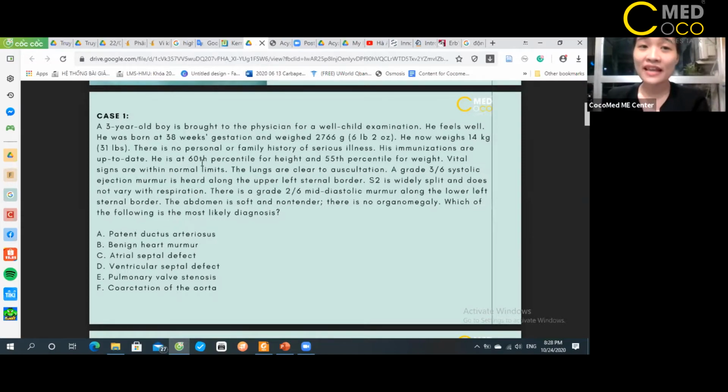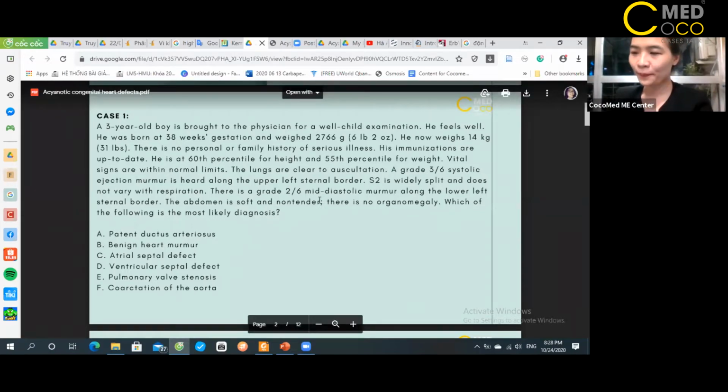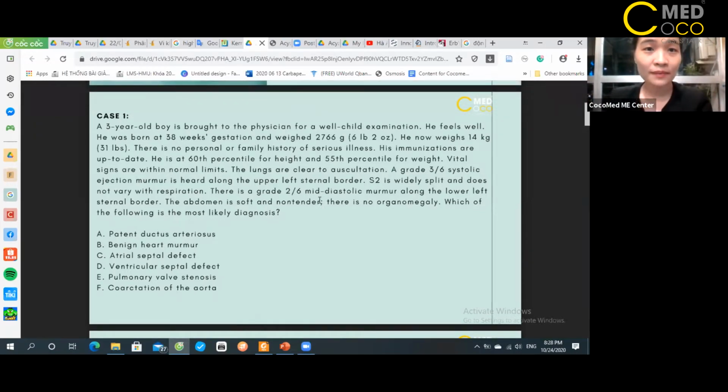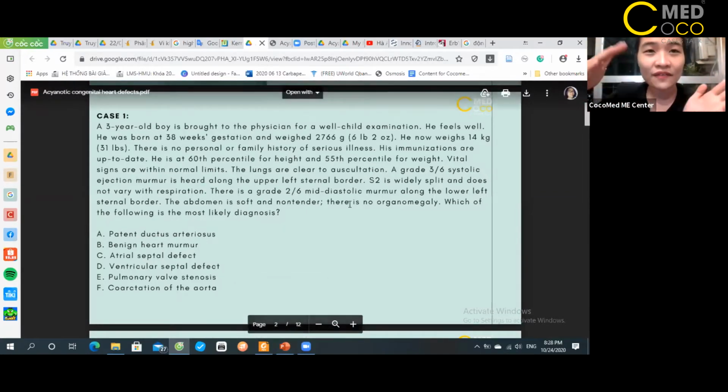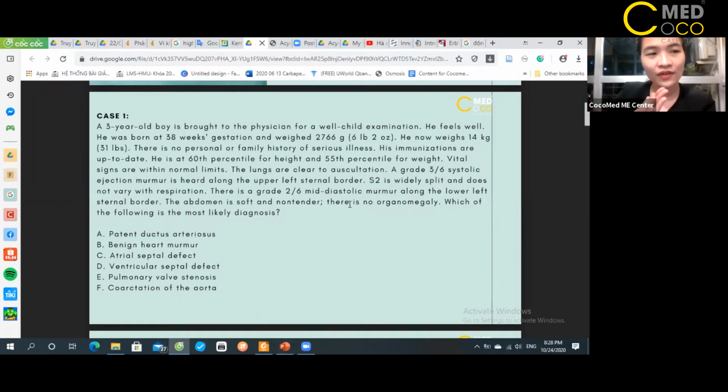For standard deviation, it means you compare to the general population with that number, and the average will be closest. If it's very high or very low, it means the weight or the height of the child is out of the normal range.